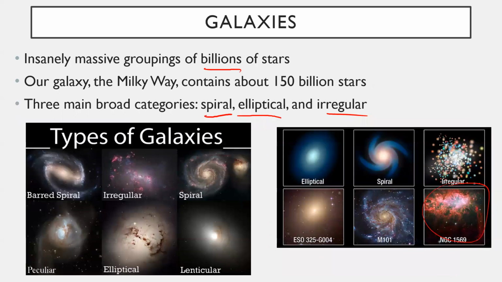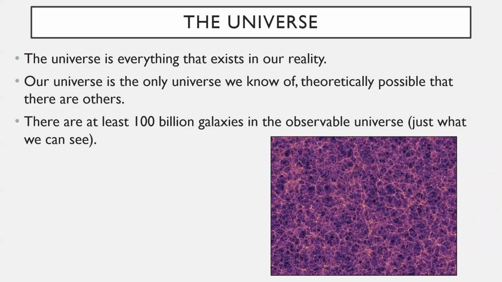Keep in mind, I should have mentioned on the galaxy slide, there are billions and billions of galaxies in the universe, like billions of them, if not even trillions of them. But we only think we have maybe one universe, right? So we don't actually have any way of proving that there's anything outside of our universe. So again, there are at least 100 billion galaxies in the observable universe, but that's just what we can see.